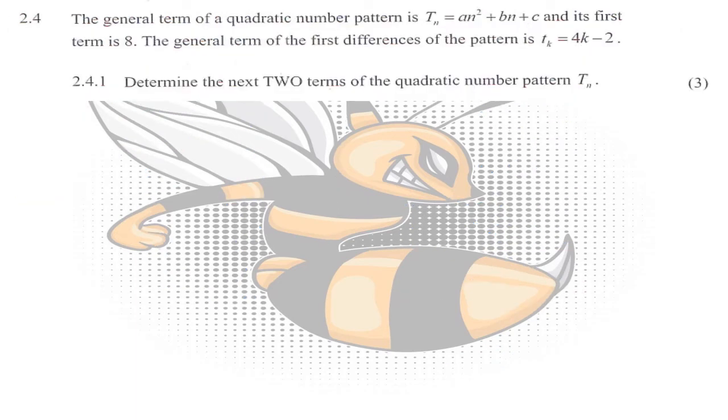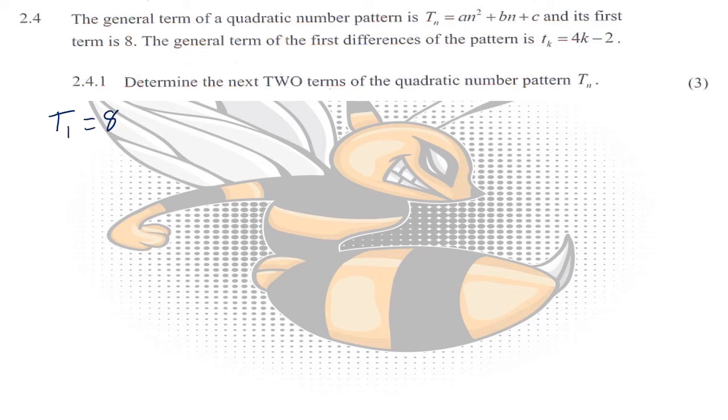And then finally we get to the last question from question 2, and in this case they tell you that the general term of a quadratic number pattern is Tn equals an squared plus bn plus c, and its first term is 8. So first important thing that they note here is that term 1 is equal to 8.